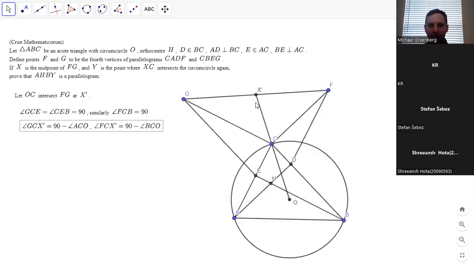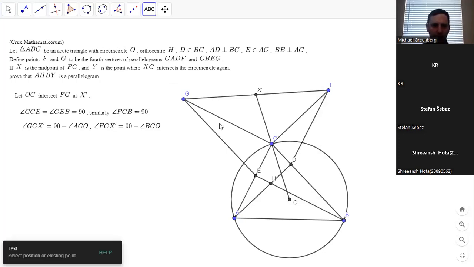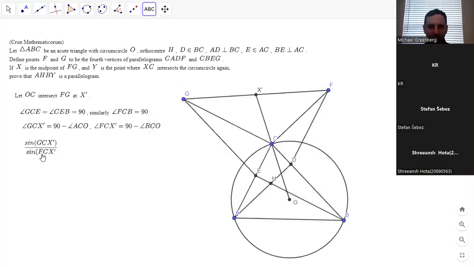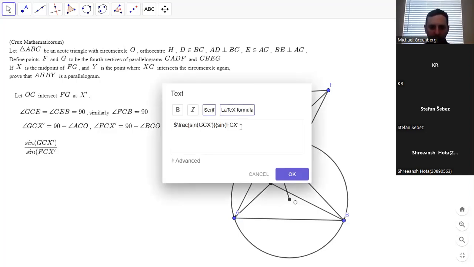So if we take the ratio of the sides, then we have sine of GCX prime over sine of FCX prime. Wait, is that right? Yeah. And I'll just add the angles because why not?